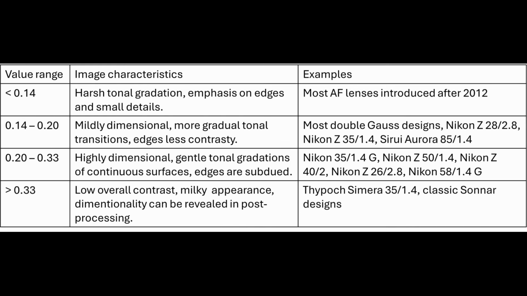Some lenses in the Nikon ecosystem that fall into this category are the older Nikon 35mm f1.4G made for the F mount, that can be easily adapted to the Z mount through the Nikon FTZ adapter, or a similar one made by many third parties.